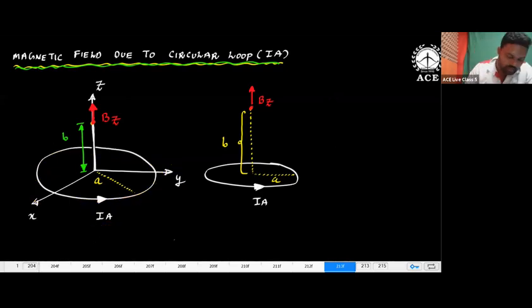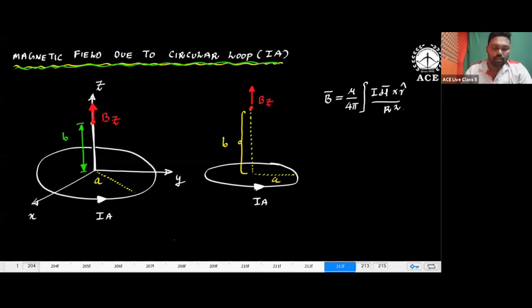Fine. But ultimately what you need to remember for your exam is a formula. But how will you get that formula? From this expression. What is the expression? B is equal to mu by 4 pi line integral of I dL cross R cap by R magnitude square. So you need to integrate this from 0 to 2 pi. Clear?